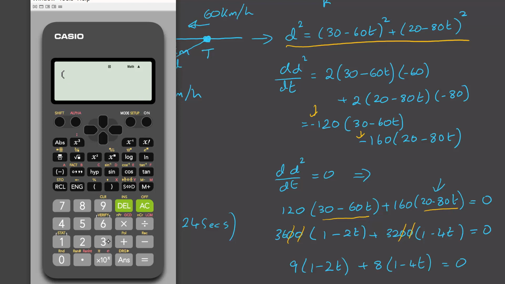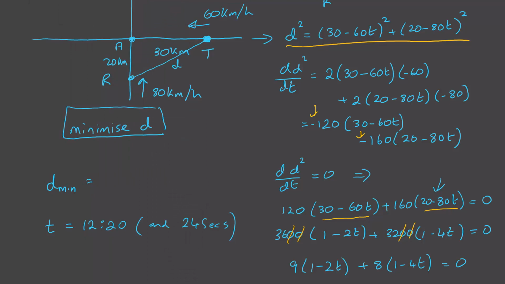And then I can do (30 take away 60 times the answer) squared plus (20 take away 80 times my last answer) squared, and that is 144. And so if d squared equals 144, then the minimum would be 12 kilometers. 12 is the square root of 144.